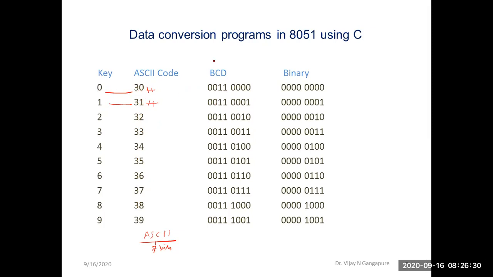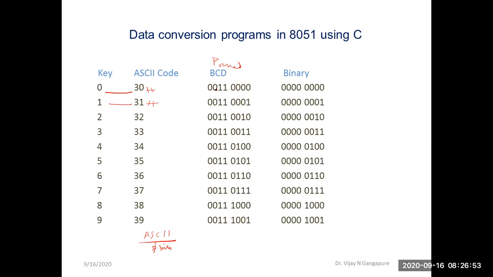So this is the packed BCD representation of the ASCII code 30. The 3 is converted to one BCD number, and 0 is converted to another BCD number in 4-bit format, and both are packed together in 8 bits, which is called packed BCD.